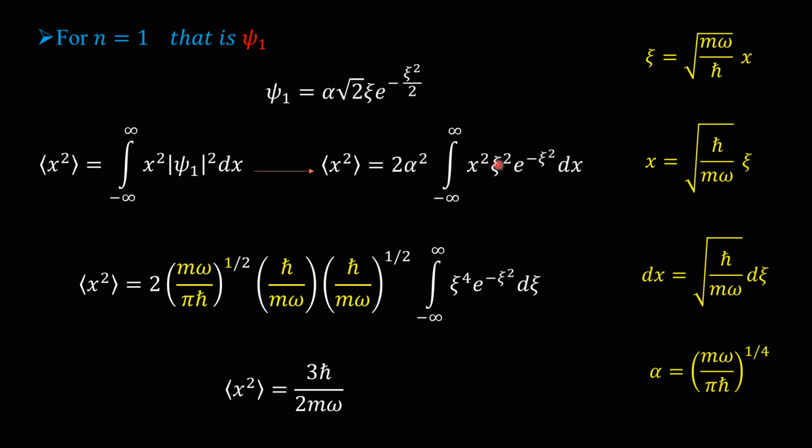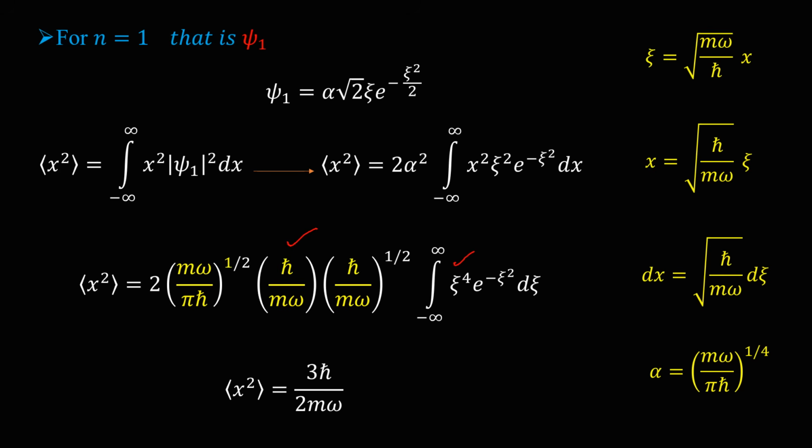Now you change all the parameters in terms of z. First x, we know, is equal to square root of h cross over m omega z. So if you square this, you will get h cross over m omega z squared. Already there is another z squared, so this will become z power 4.